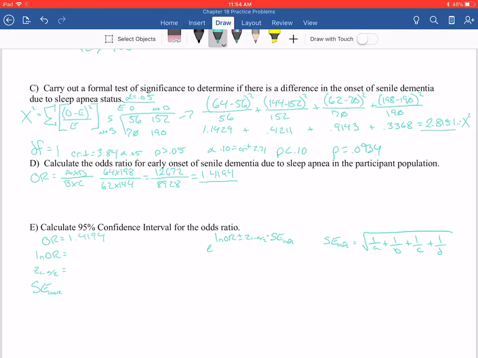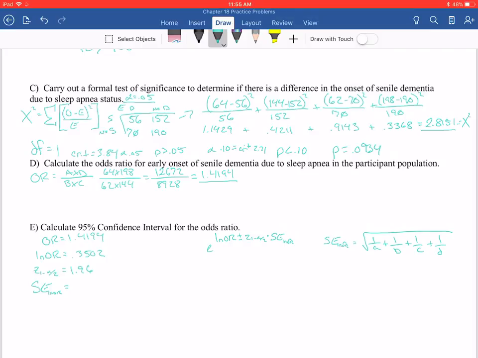Last part here, we're calculating the 95% confidence interval for the odds ratio. So our odds ratio we calculated is 1.4194. You take the ln of the OR, once again, you find ln in your calculator, type ln, enter in 1.4194. It'll give you the ln of the OR, which is 0.3502.